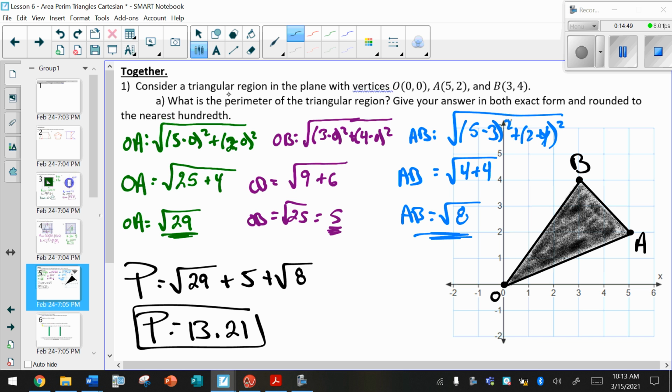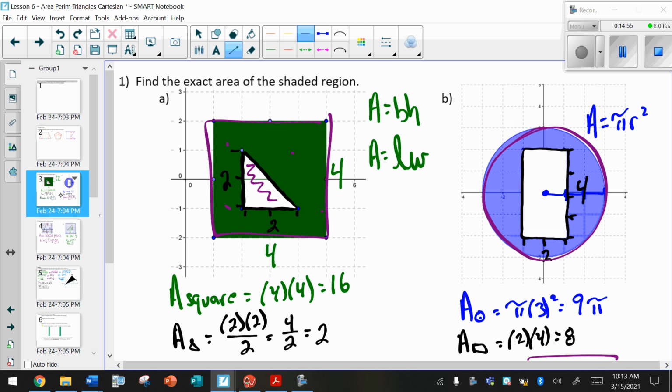So our strategy is going to be to create the situation similar to what we did over here with our other examples, where we have a piece on the inside, a box on the outside, and subtract the two.